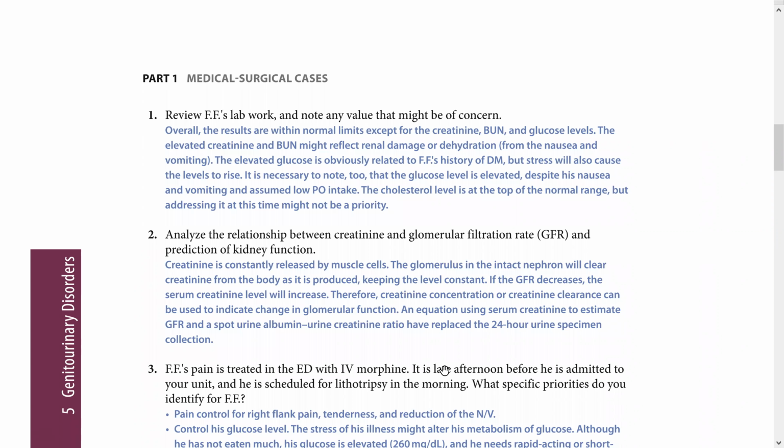What problems are possible as a result of a staghorn stone? Damage to the nephrons or ureter, okay?